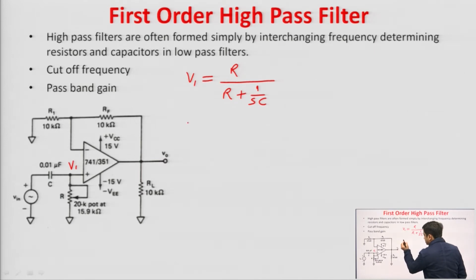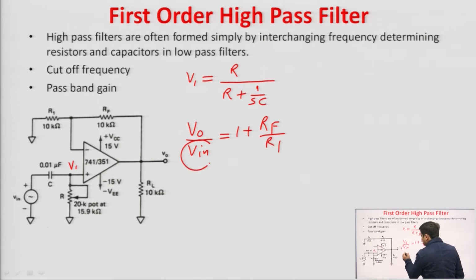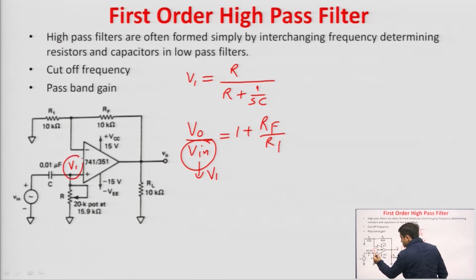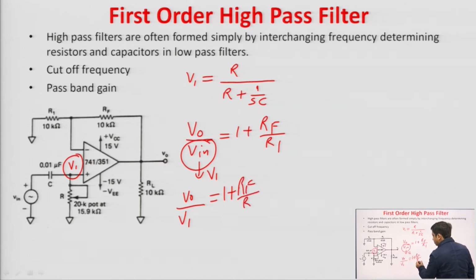That expression is V naught upon V in equal to 1 plus RF upon R1, but this V in is V1 here, because in this circuit the voltage at the non-inverting terminal is V1, right. So, basically V naught upon V1 is equal to 1 plus RF upon R1.